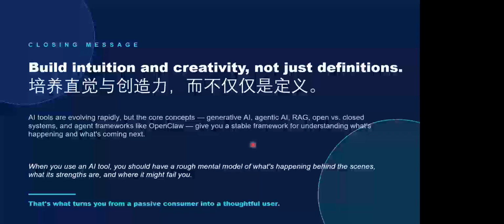So the closing message for this part is: build intuition and creativity, not just definitions. If you want to use all these tools, you have to be creative enough, because just having good programming skills is probably not enough already. You have to have some creativity as well. Why?